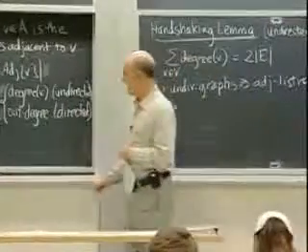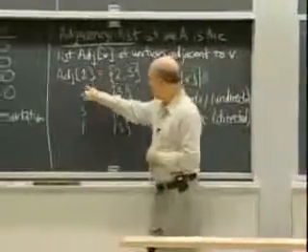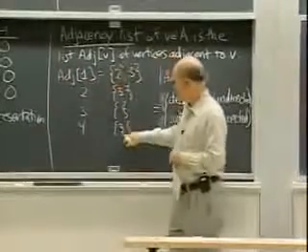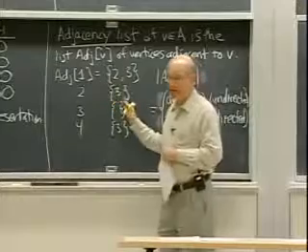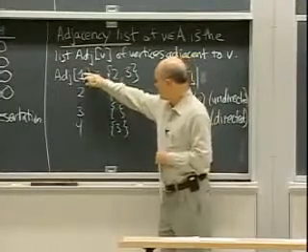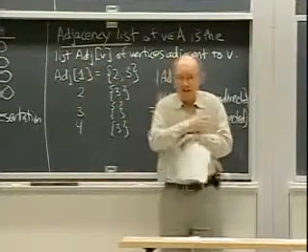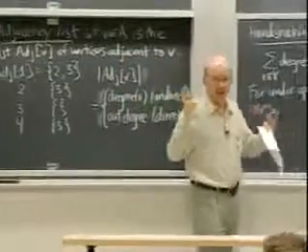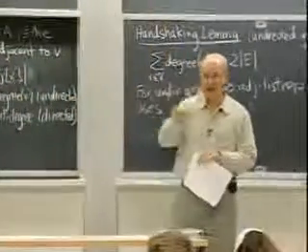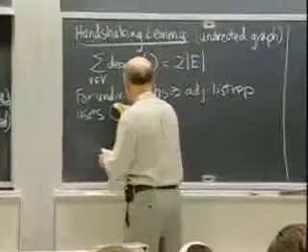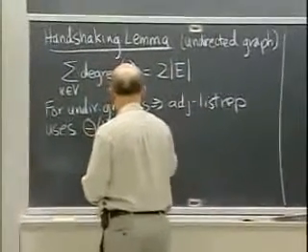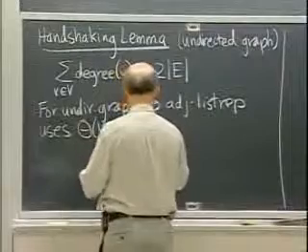Plus the number of vertices. Yeah, so you have to have the number of vertices plus the number of edges. Whether it's directed or undirected, because I may have a graph that has a whole bunch of vertices and no edges, that's still going to cost me order v. Okay, so it uses theta of v plus e storage.